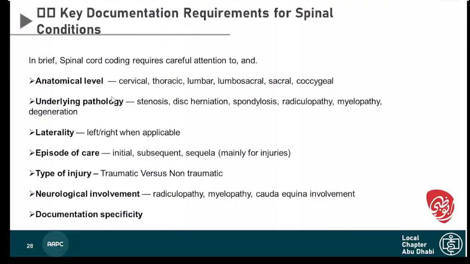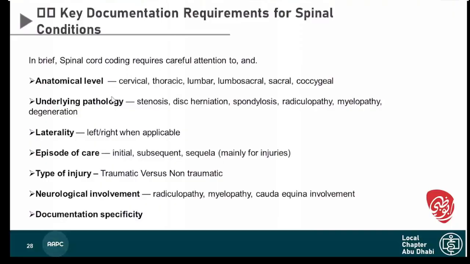Differentiate the injuries and assign the appropriate codes. Then neurological involvement, such as radiculopathy, myelopathy, cauda equina involvement, and documentation specificity. While coding spinal conditions, all of these are mentioned in the inpatient document.